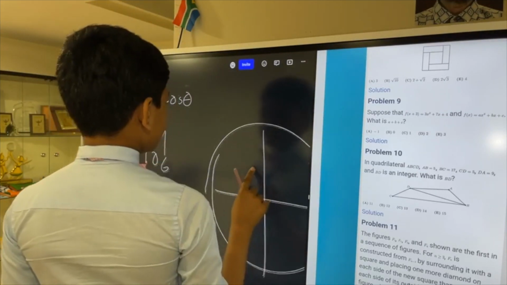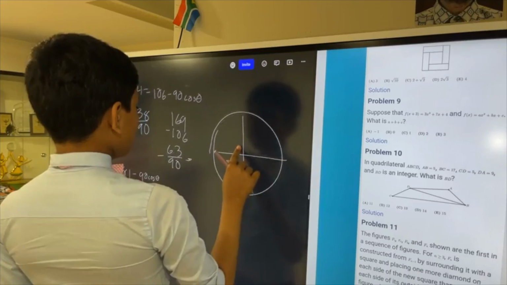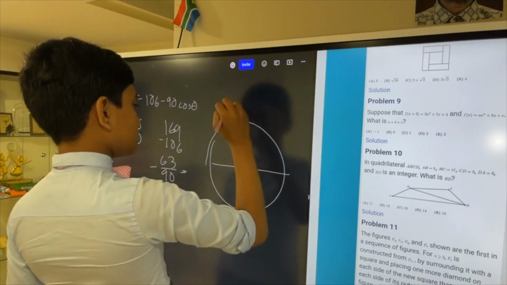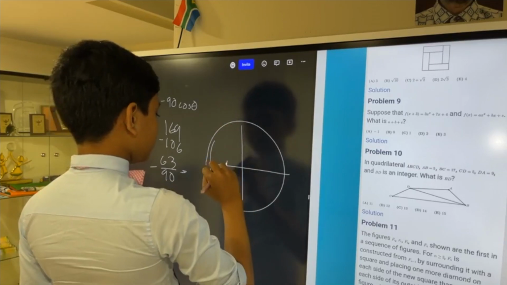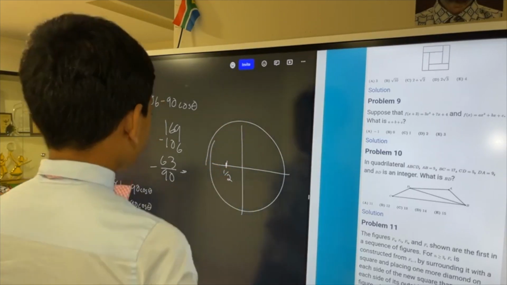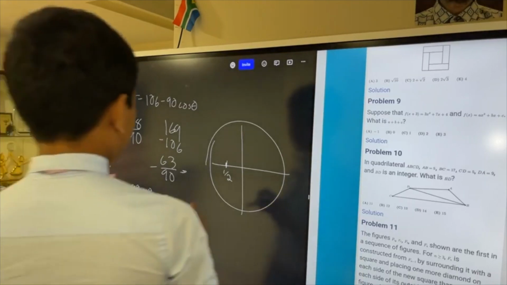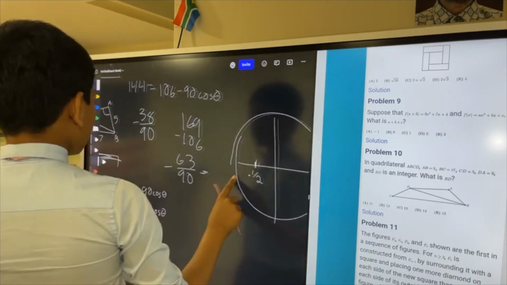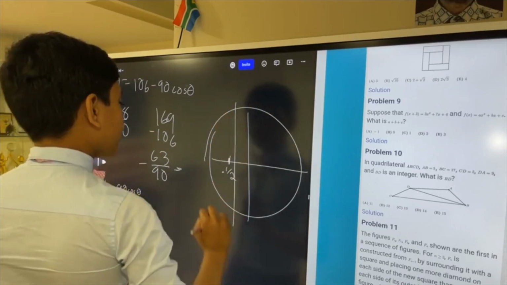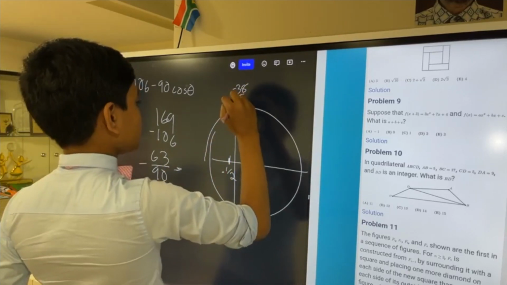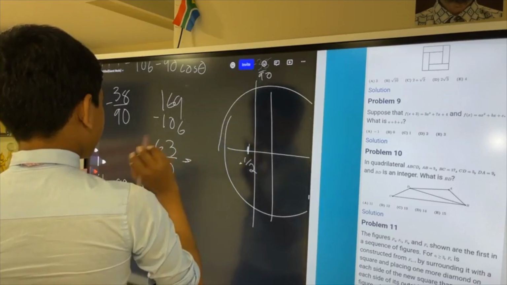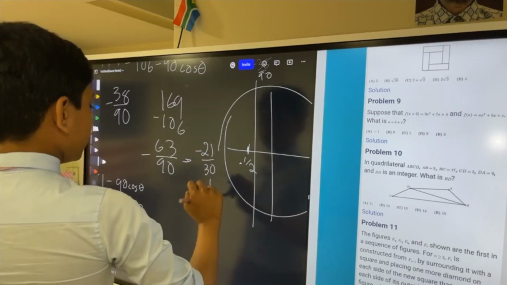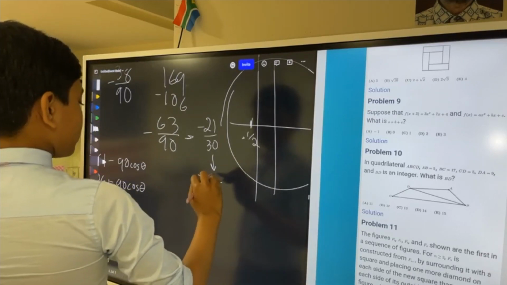So that's the x-coordinate. So it's either minus 38 over 90, which looks something like, if this is 1/2, then minus 38 over 90 is about minus 1/2. Minus 63 over 90 is going to be a little bit farther. I can simplify that into minus 21 over 30, and even further into minus 7/10.